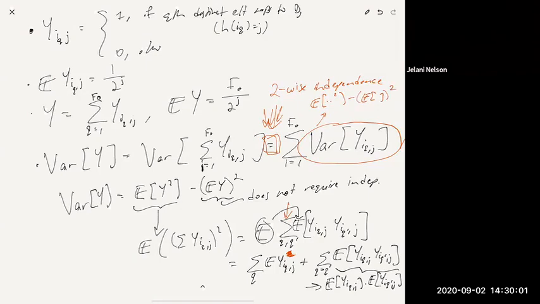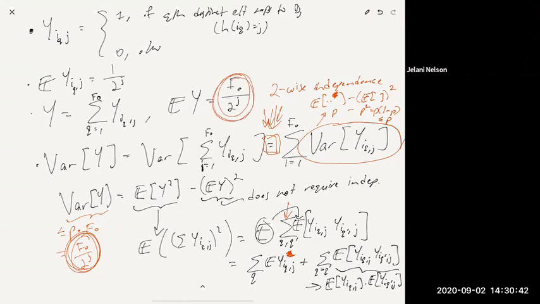Squaring a 0, 1 random variable doesn't do anything, so this is p minus p squared, which is p times 1 minus p, which is always at most p. Which means that the sum is at most p times f0. And p is 1 over 2 to the j, so this is f0 over 2 to the j. So just as I said, the variance is at most the expectation.